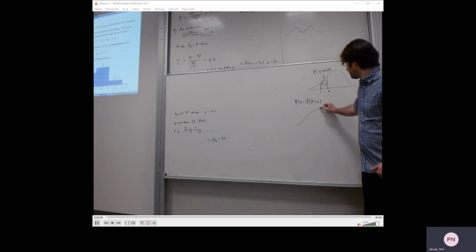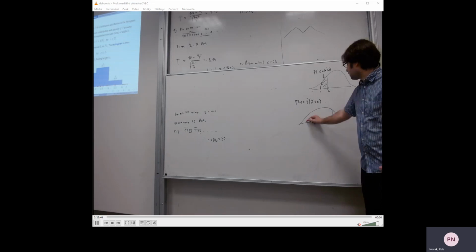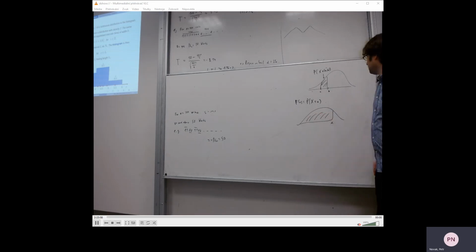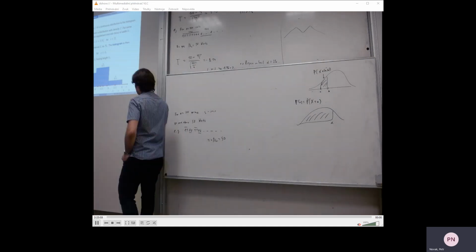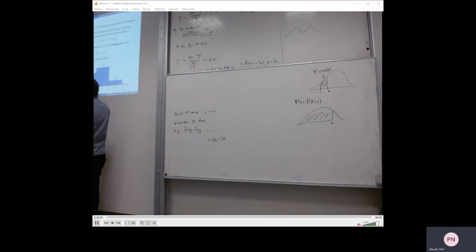And this is the integral of the density up to x.